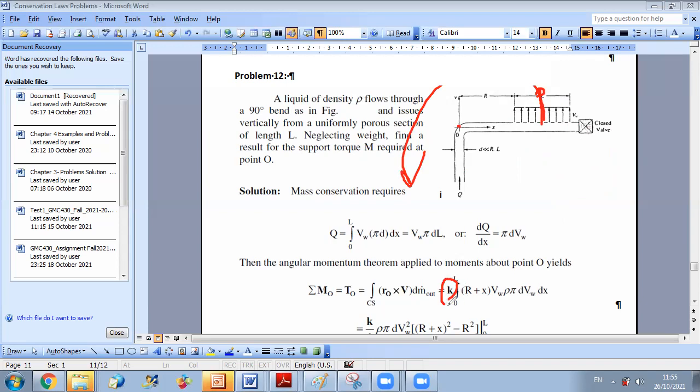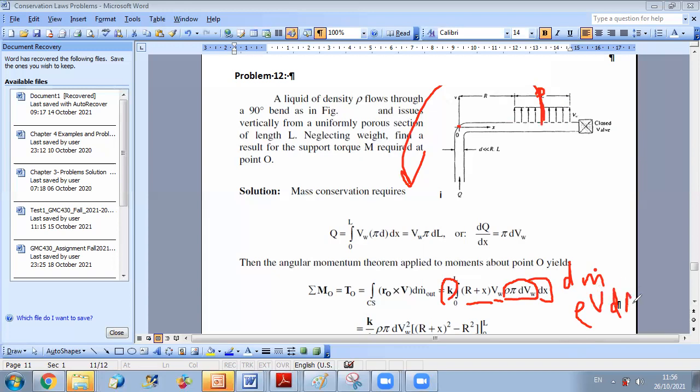So you can write now that you have the integral from 0 to L of r plus x, VW, times rho times pi d VW. So this is m dot. This term will give you the elementary mass flow rate dm dot, which is equal to rho times v times dA.